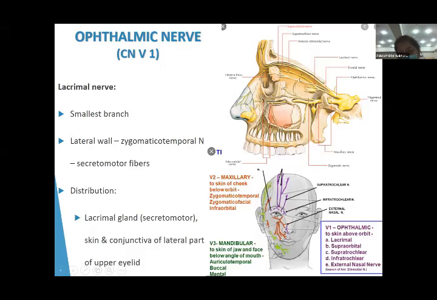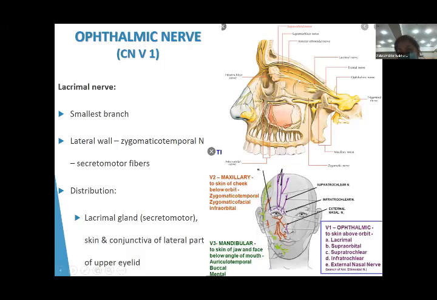So I'm talking about the lacrimal nerve. This is the smallest branch. Lacrimal से आपको अंदाजा हो गया होगा, it is for the supply of the lacrimal gland.